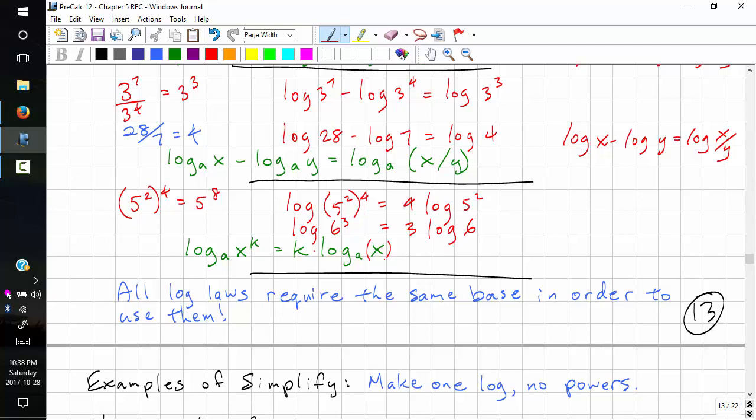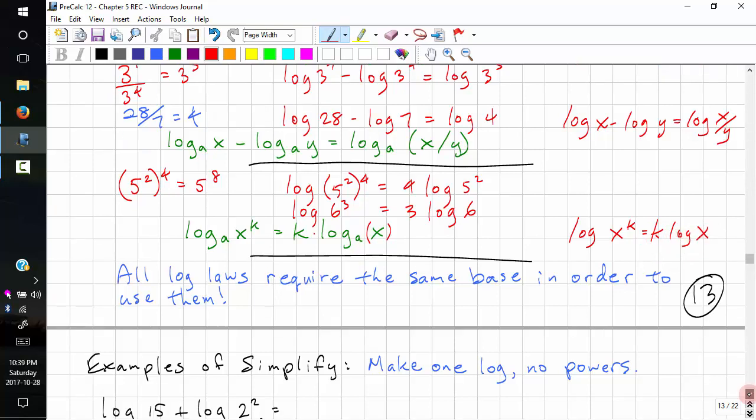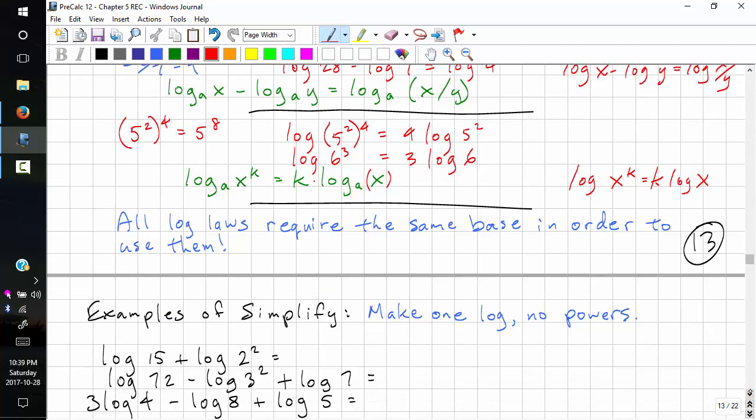And in our easiest form, log x to the power of k equals k log x. This is k times log of x. Okay, and when you're using log laws, they require the same base in order to be able to use them.